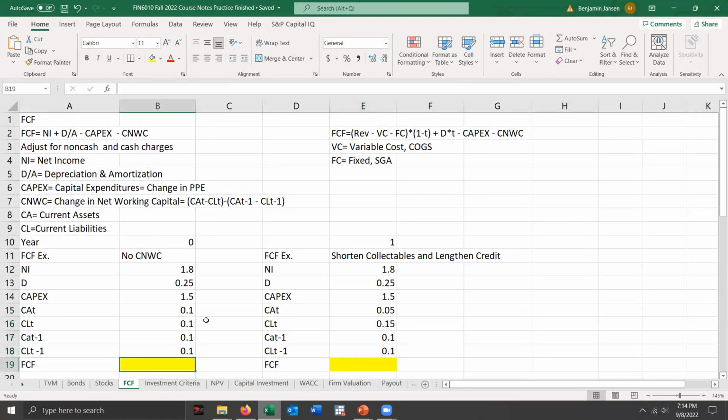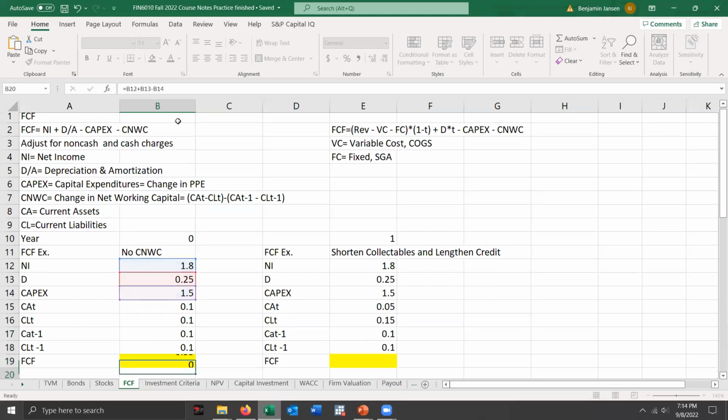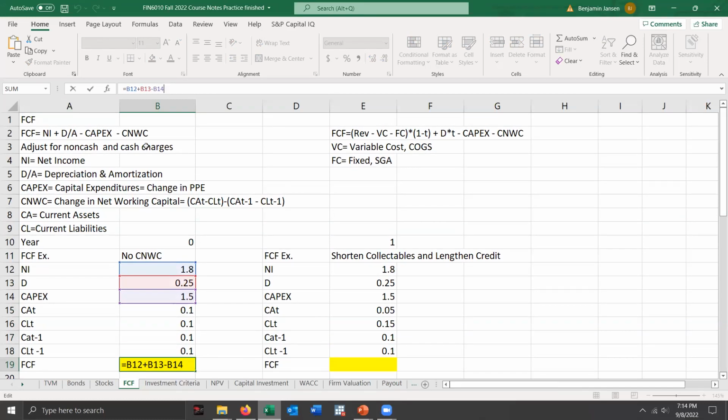All right, so free cash flow, we're just on the bottom-up approach. That's going to be equal to net income plus depreciation minus capital expenditures. And that gets us most of our free cash flow, but there's one component that's left, and that's calculating change in net working capital.